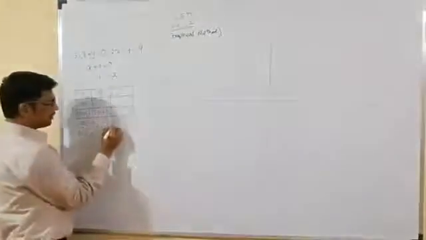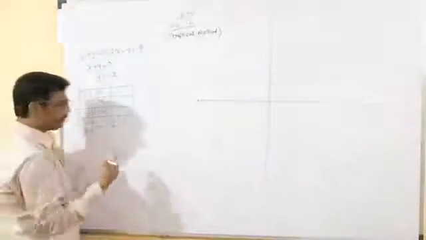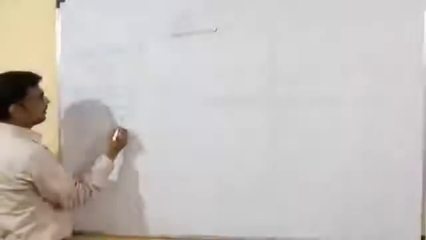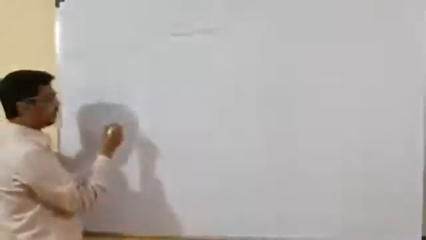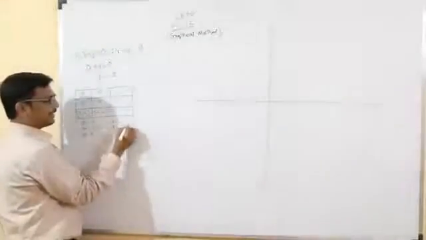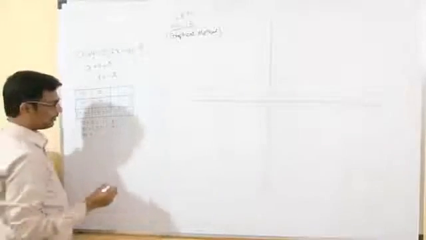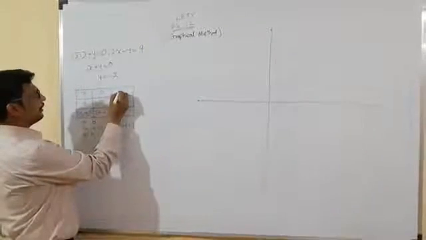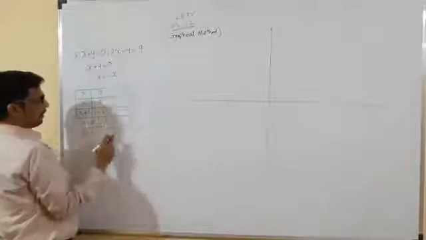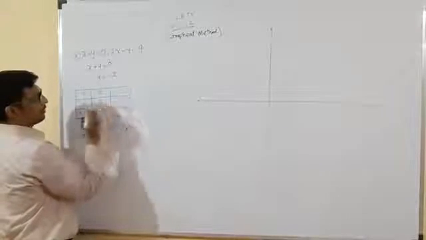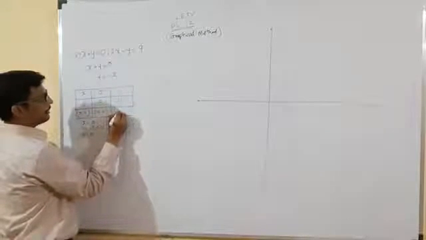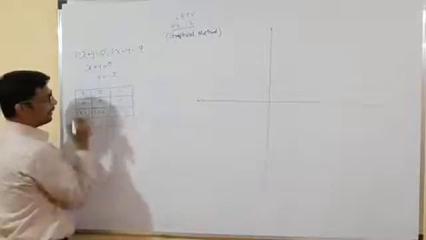Then y is equal to minus of x, and I have assumed x as 1, so y is minus 1. When x is 1, y becomes minus 1, so my required point is 1 comma minus 1.